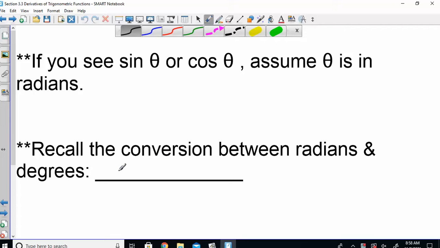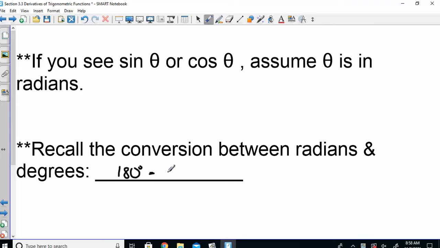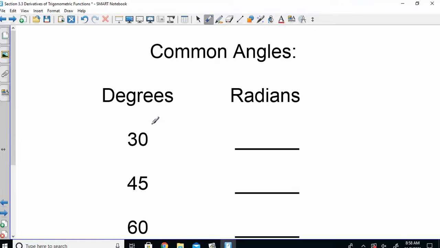So remember, if you need to convert, 180 degrees is equal to what? Pi. Because all the way around the circle is 360, which is 2 pi. So 180 is equal to pi. So common ones, 30 degrees is what in radians?